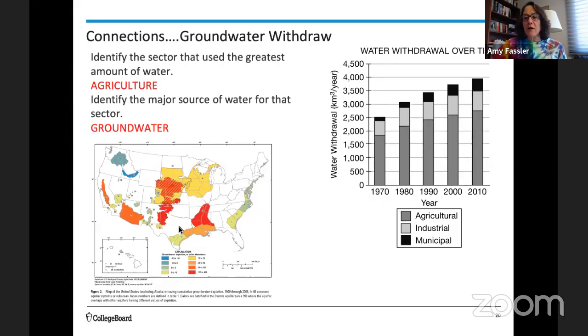The majority of the water that fuels the growth of crops in the breadbasket of the United States, where we grow a lot of corn and wheat and soybeans, pretty much all of that comes from pumping water up from the Ogallala Aquifer. And remember, we talk about that aquifer as a geologic source of water.